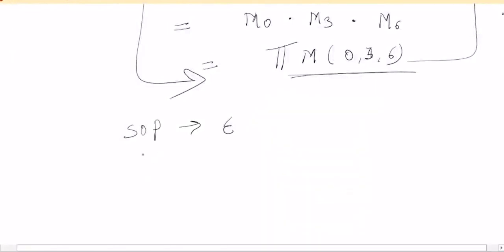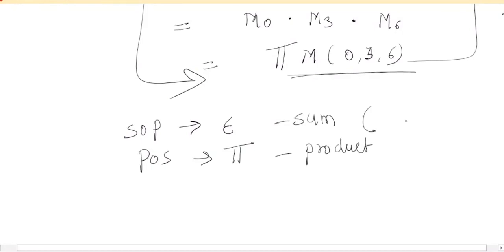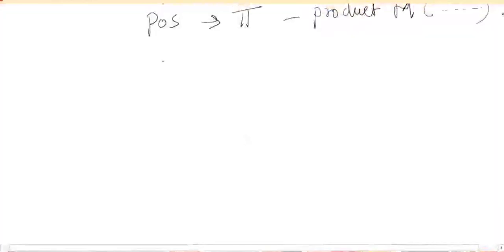To represent the POS, the pi is used. Sigma is nothing but the sum and pi is nothing but the product. Clear? Then sum of small m and the index values, and product of capital M and the index values. Got it?